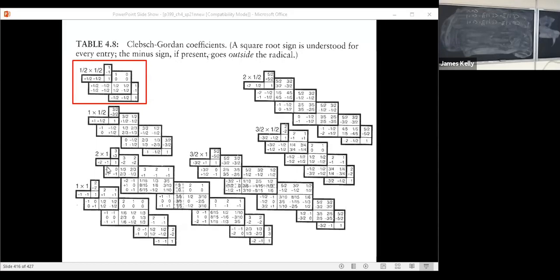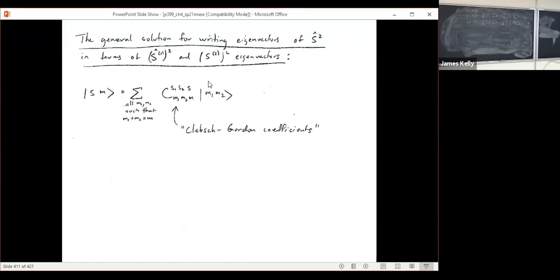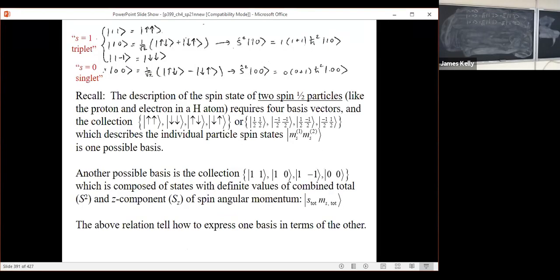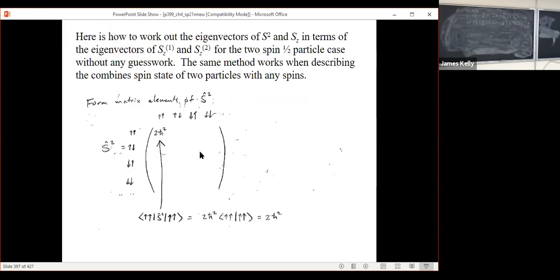If I back up a few slides, it's an expression of what I had written on the board, this second line and this fourth line, right? This is S and M sub S combined. Now we're writing it as 1/2 minus 1/2 instead of arrow up and arrow down, but it means the same thing. Coefficients in this case would be from the table. Okay, let's go do a different one.